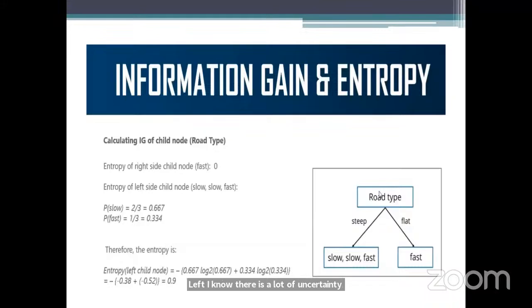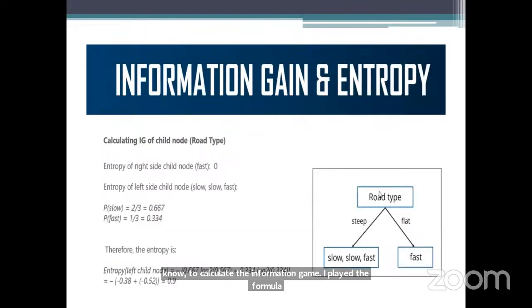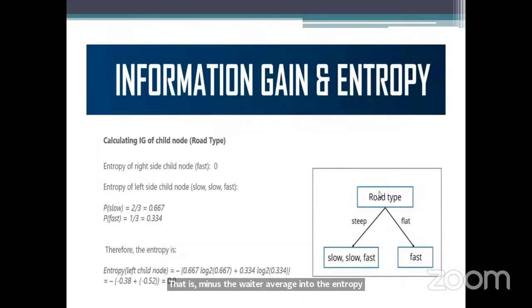Whenever the road type is steep, your output can be either slow or fast. In order to calculate the information gain, apply the formula: entropy of the parent minus the weighted average of the entropy of the children. You need to calculate all of these values.